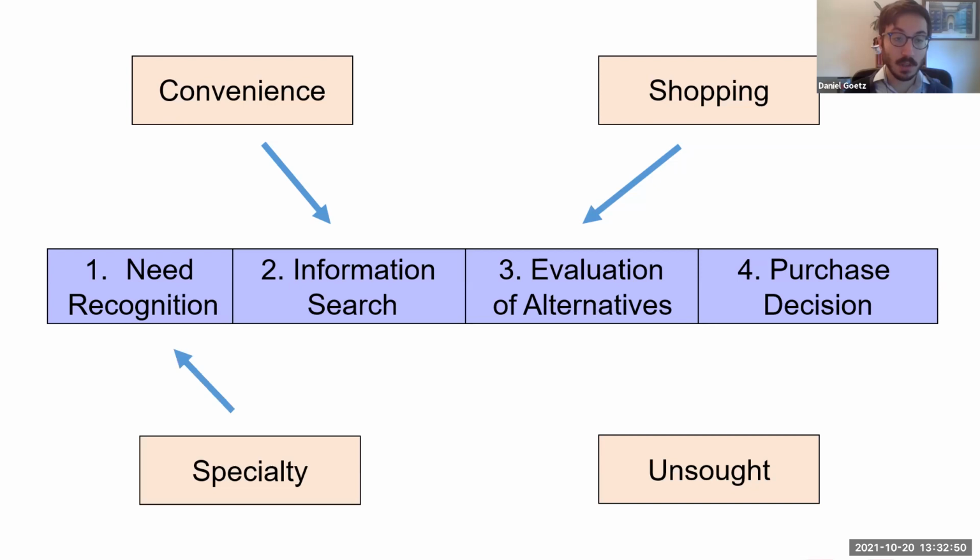For a specialty product, I think need recognition can often be the case. So, why do you need this product for the niche market that you're targeting? And for an unsought product, definitely need recognition as well, right? Why do you need this? What value will this provide for you?